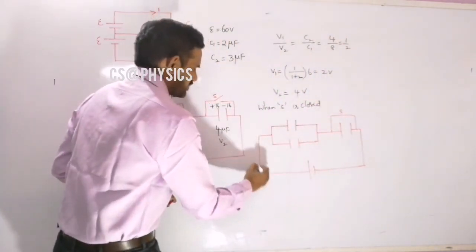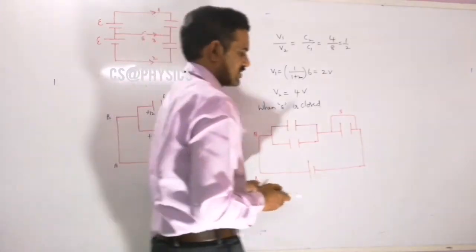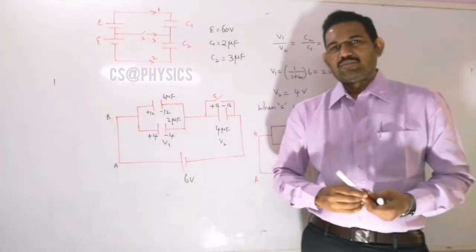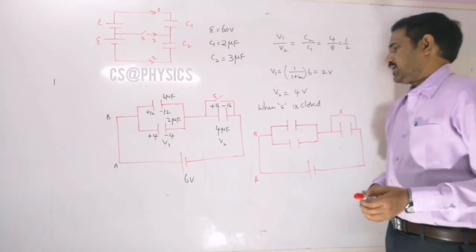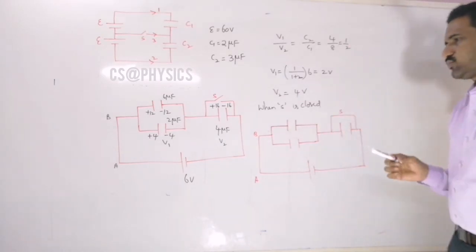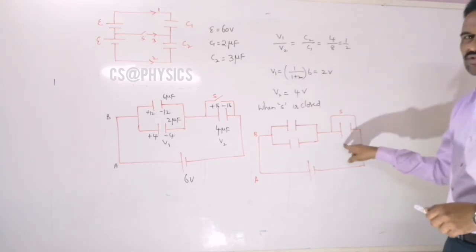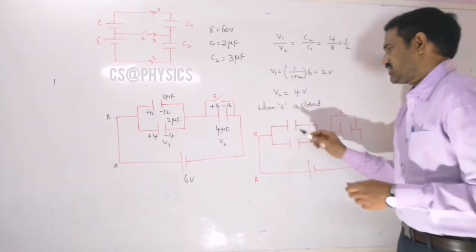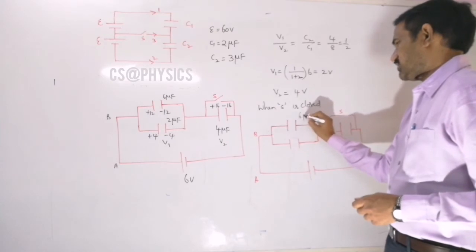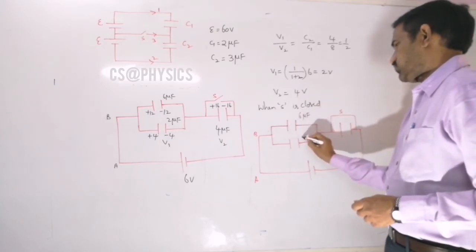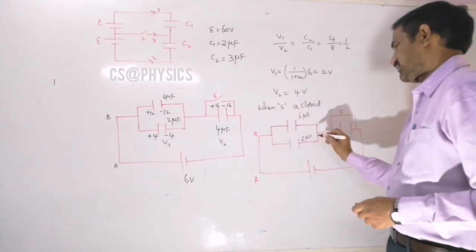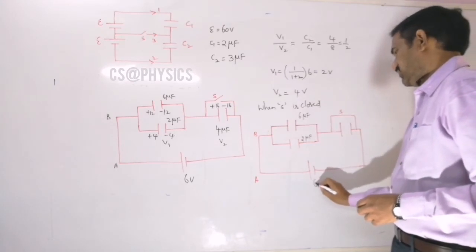And these are the points A and B. And so now again let us write the charges on those capacitors here. So now once the switch is closed, this is our 6 microfarad capacitor and this is our 2 microfarad capacitor, and this is the EMF of the cell, 6.